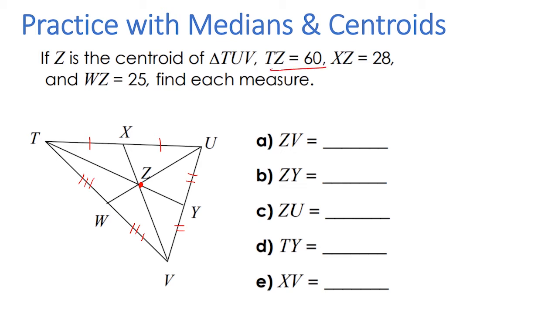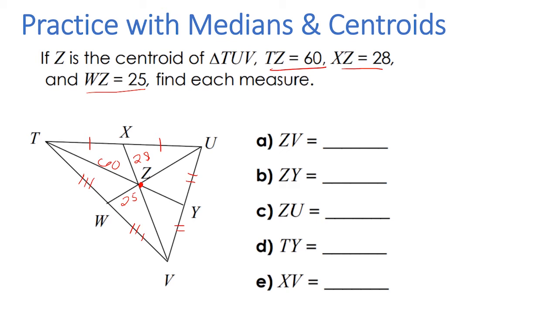It says that TZ is 60, so we have a portion of our median here. It says that XZ is 28, and WZ is 25. So that is our given information.